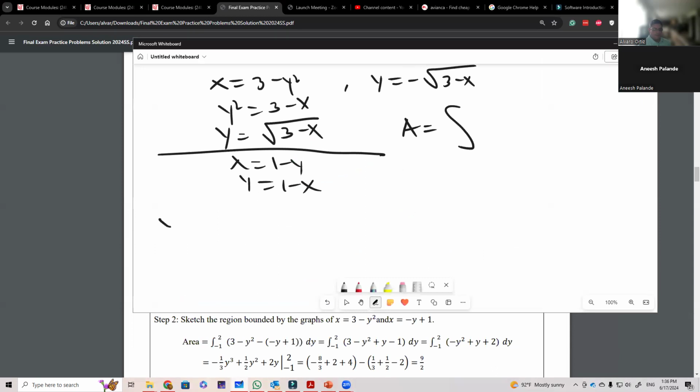So y was minus 1 and y was 2. So if I'm changing this, when y equals minus 1, then x equals minus 2, and when y equals 2, this becomes minus 1.